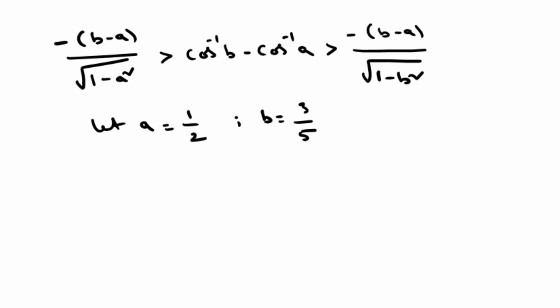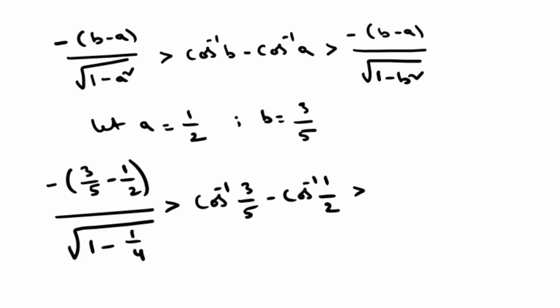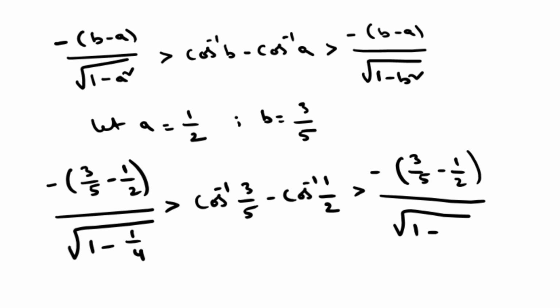This equation will be minus 3 by 5 minus 1 by 2 divided by under root of 1 minus 1 by 4 greater than cos inverse 3 by 5 minus cos inverse 1 by 2 greater than minus of 3 by 5 minus 1 by 2 by under root of 1 minus b square.